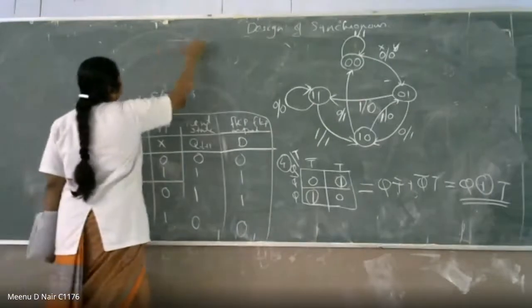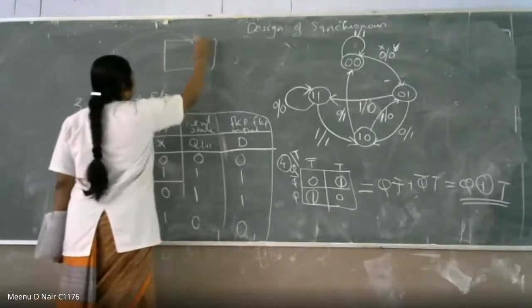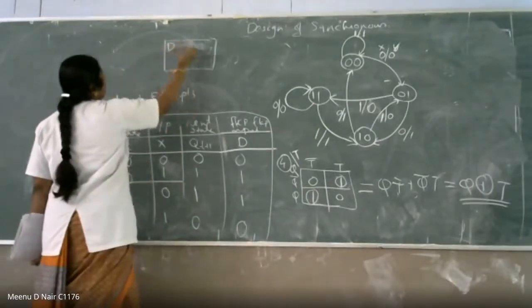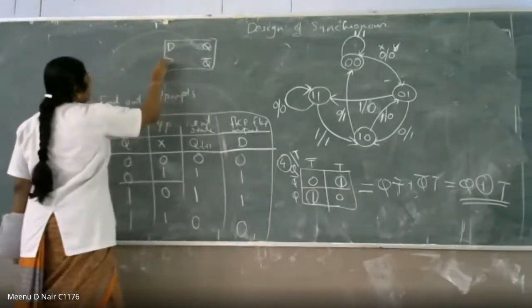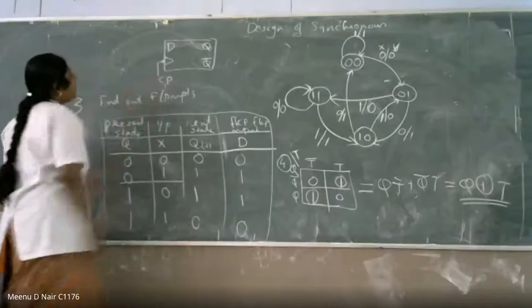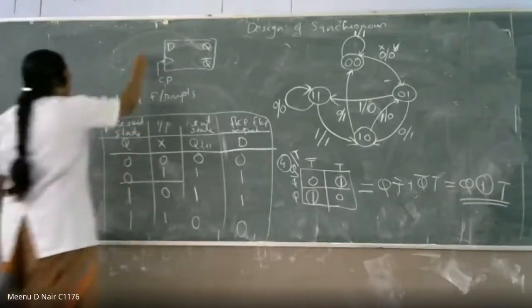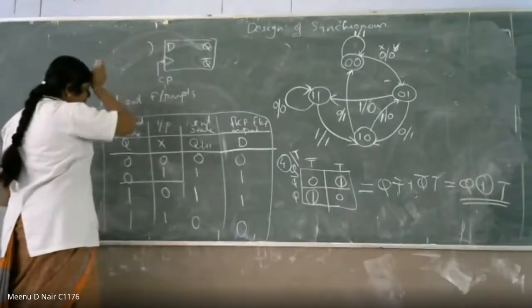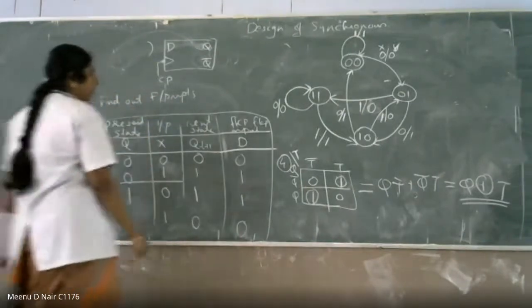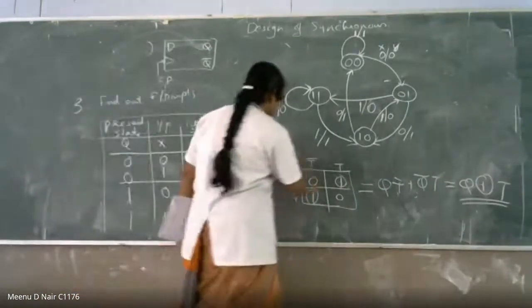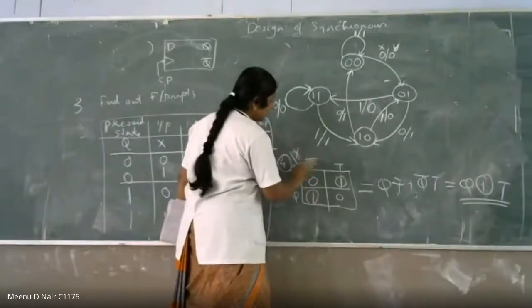Now you are going to draw the diagram. You are using a D flip-flop. This is the D flip-flop, this is Q bar. It has a clock input, the clock pulse. Then you have two inputs. Sorry, here you can put it as X only, because we have considered it as X only.